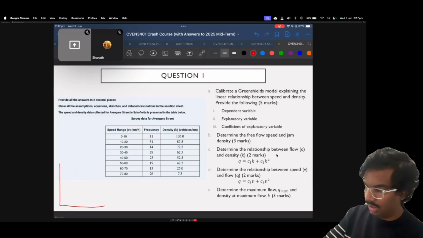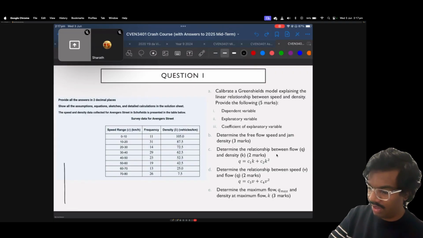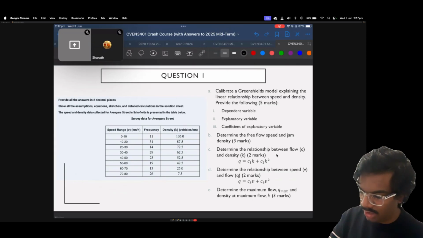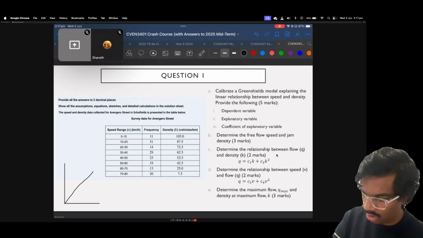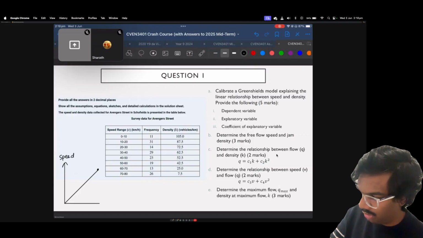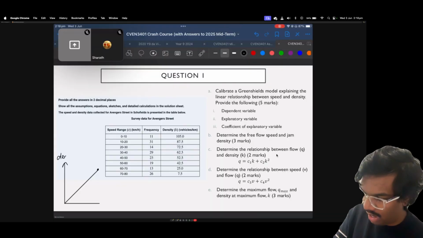All right, so let's draw it out like that. Basically, as the speed goes up, the density of vehicles is also going up, okay? Actually, speed would probably be on the other axis, wouldn't it? I have some graphs later on that will make more sense.